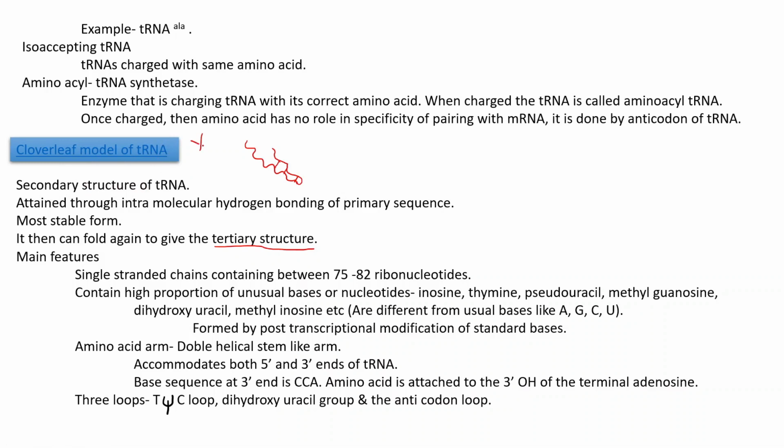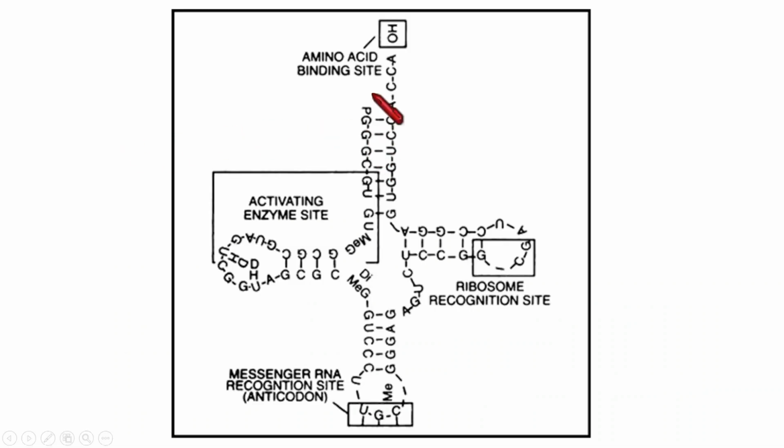It is very important. This is the cloverleaf model. In this picture, we can see that this single helical RNA is folding so many times and attaining this structure. So let's learn about its features.